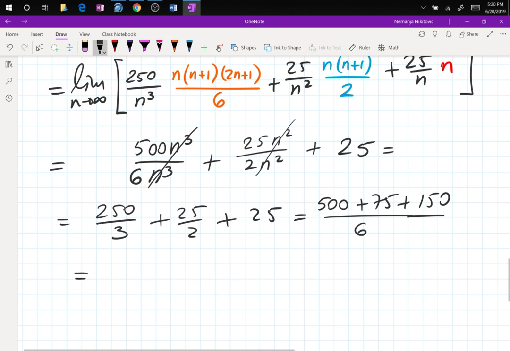Adds to 725 over 6. And that would be the exact area. Units cubed. Units squared. Yeah, units squared. And that's the exact area.